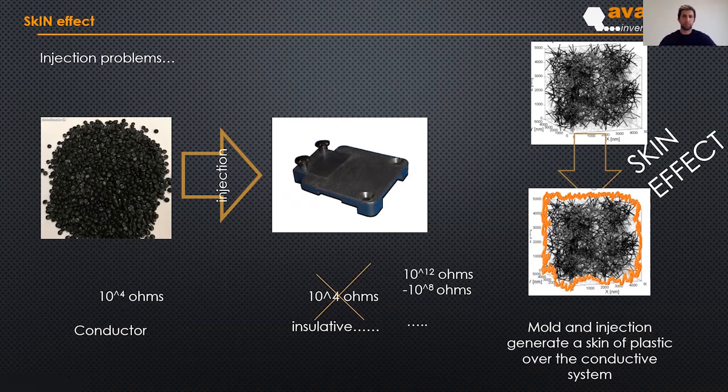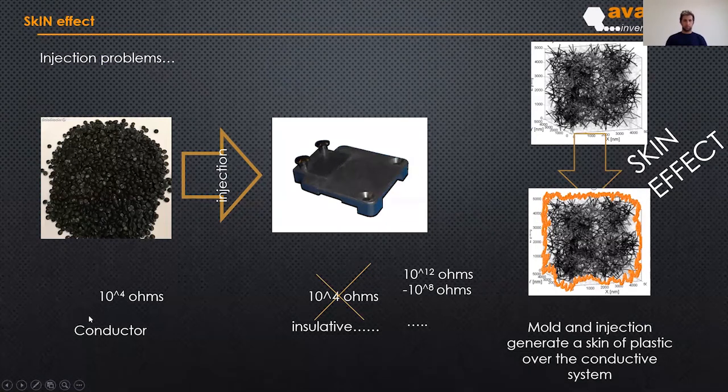You add, for example, 5% of the graphene in a plastic, and you get a plastic that is conductive, a 10 to the 4 ohms conductive system. When we inject the sample and produce the injected sample, sometimes we lose the conductivity. We make the measurement of the same product, and it goes to 10 to the 8 or 10 to the 12.